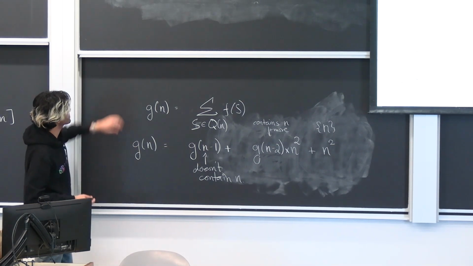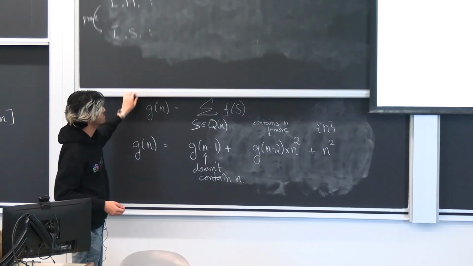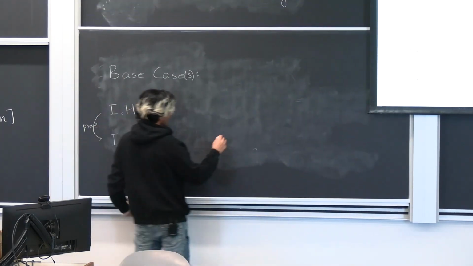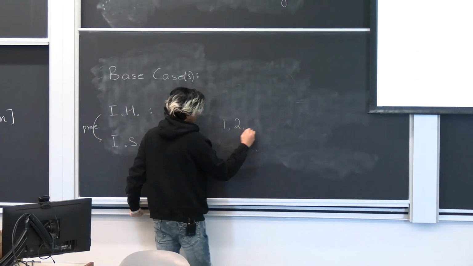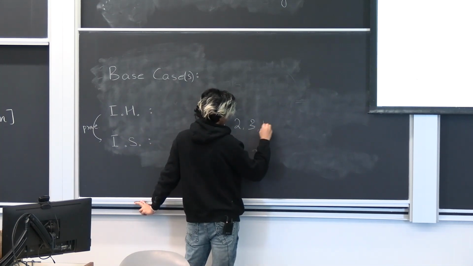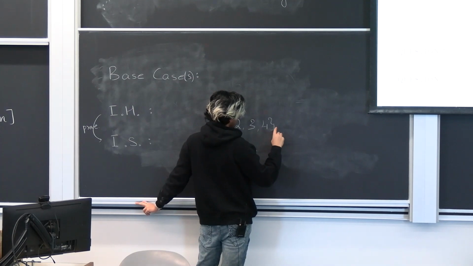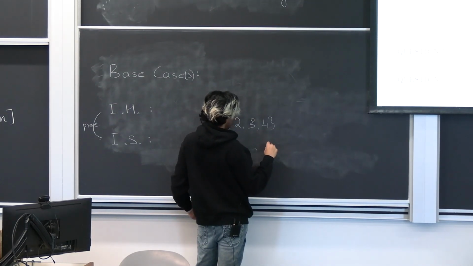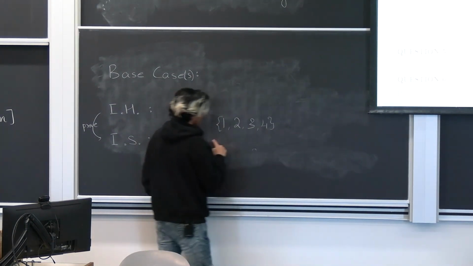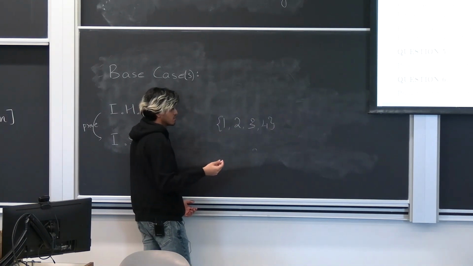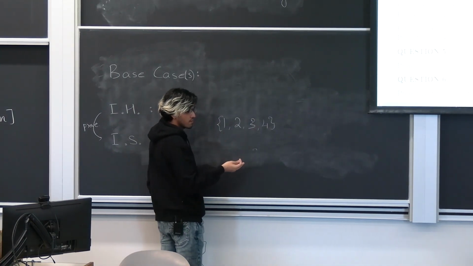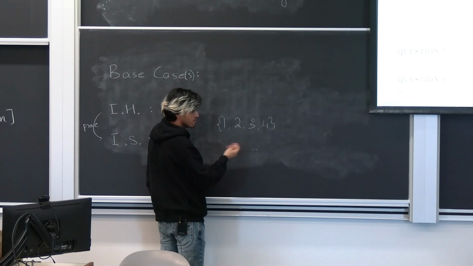So let's use an example here. Let's use 1, 2, 3, 4. Now, what's the set of non-consecutive subsets?